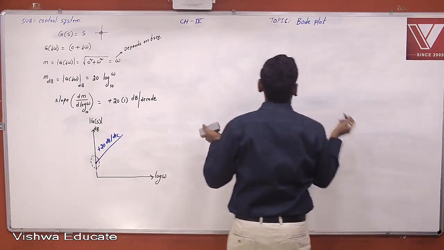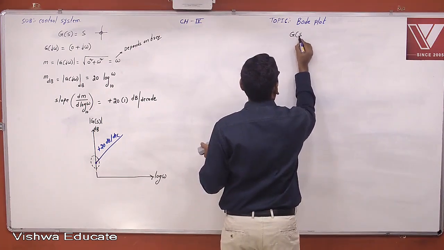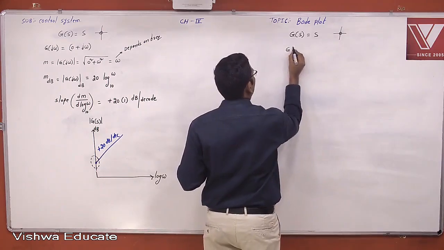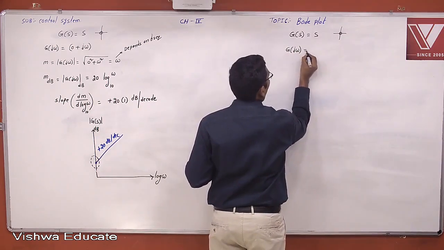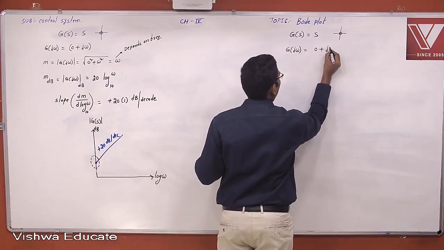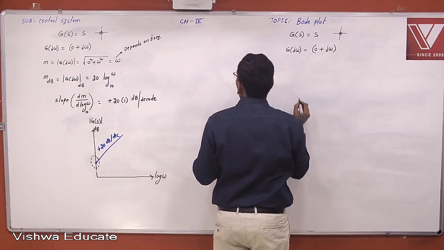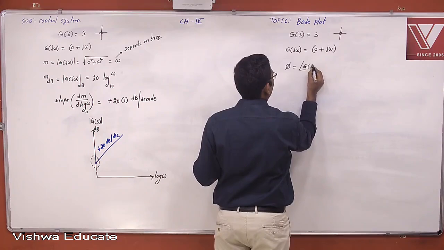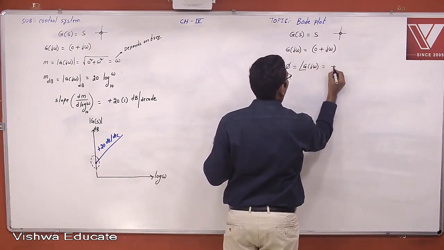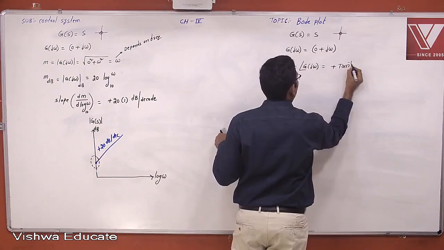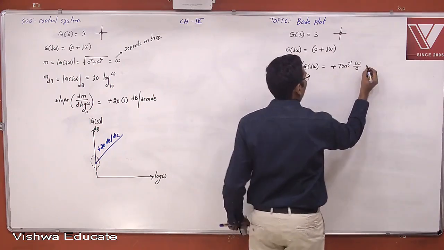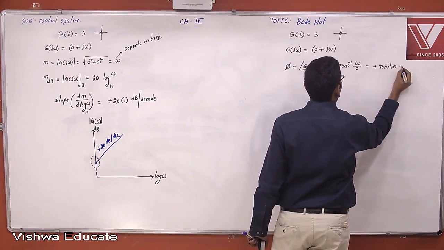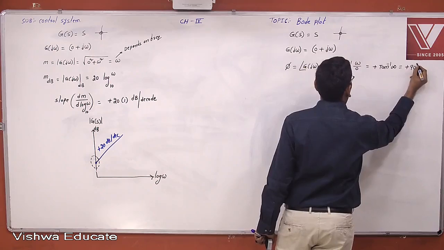Now this is G of s, which is equal to s, 1 zero at origin. Now replace s equal to j omega, 0 plus j omega. Now the phase angle of G of j omega is equal to numerator plus tan inverse imaginary part by real part, which is equal to plus tan inverse infinity, which is equal to plus 90 degrees.